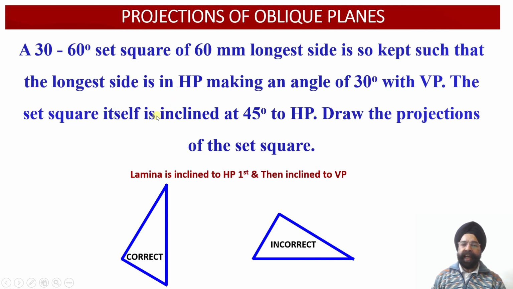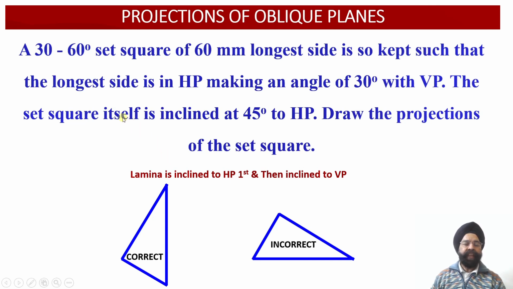If we incline this lamina in this orientation, it will be resting on one of the corners. So once again, we are not going to get one longer edge resting on the horizontal plane. So here we have to draw this triangular lamina onto the horizontal plane in this orientation, and then we have to incline the edge view in this orientation.